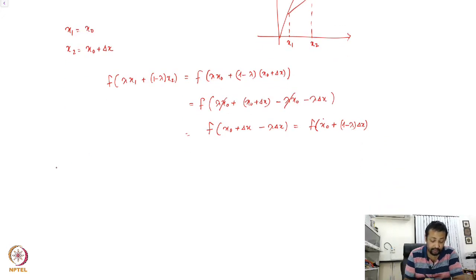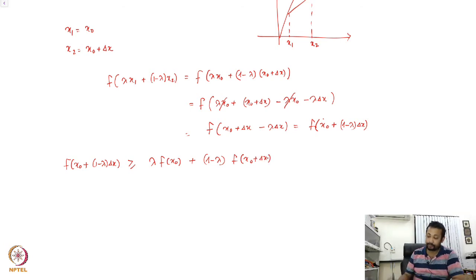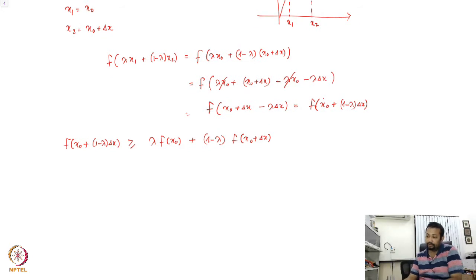The inequality now takes the form f of x naught plus 1 minus lambda delta x is greater than or equal to lambda f of x naught plus 1 minus lambda f of x naught plus delta x. Good. Let's see. So I have a 1 minus lambda on the right hand side.